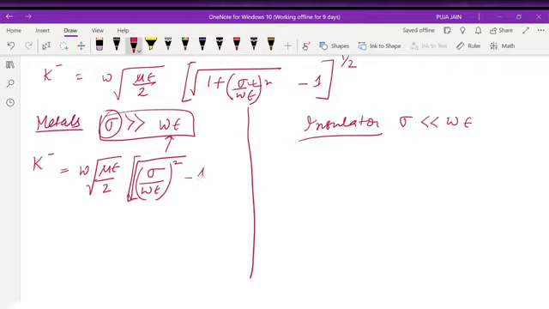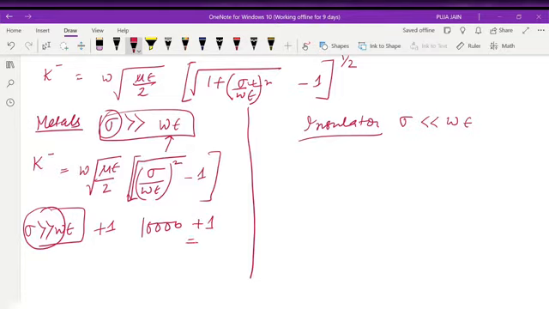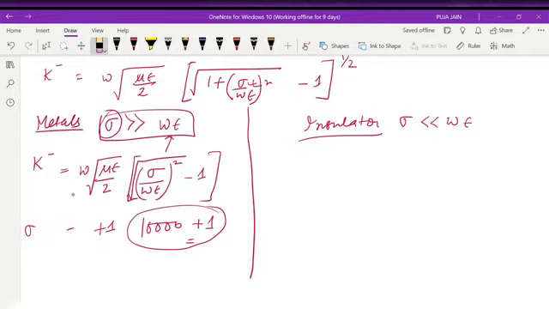Because sigma is much greater than omega epsilon, this value is a larger value, and if 1 is added to a larger value, there is no major change. If you add 10,000 plus 1, there is no major change, right? So this can be written as sigma by omega epsilon.